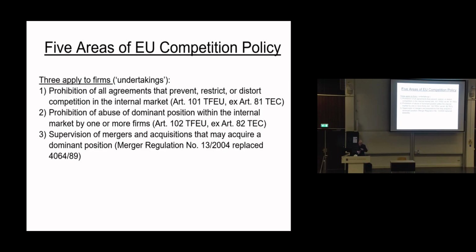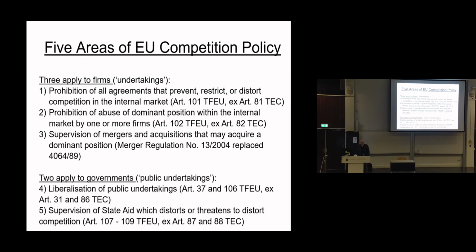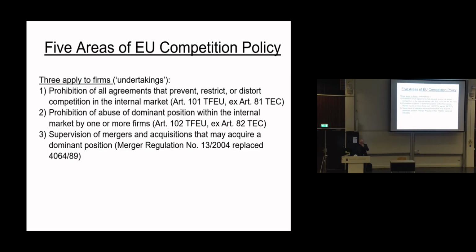Now, if we look at the modern EU competition policy that we have, there are 5 fields of EU competition policy. 3 apply to the firm, and 2 to the government. To the firms, the undertakings, there is the prohibition of all agreements that prevent, restrict, or distort competition in the internal market, the prohibition of abuse of dominant position, that's when companies are big, and the supervision of mergers and acquisitions that may acquire a dominant position.